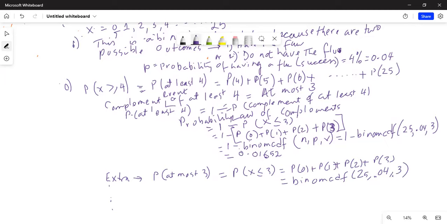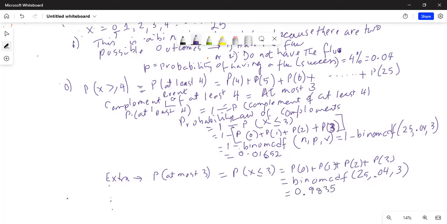So I do second DISTR, and I scroll down with the down arrow key to binomcdf, hit enter, 25, number of trials means n, the sample size, p is 0.04, x number of successes is 3, and hit enter. Go to Paste and hit enter twice. And the answer is 0.9835.